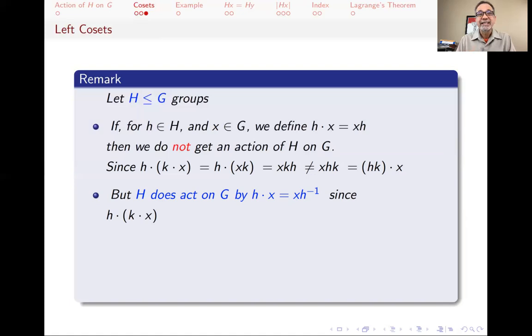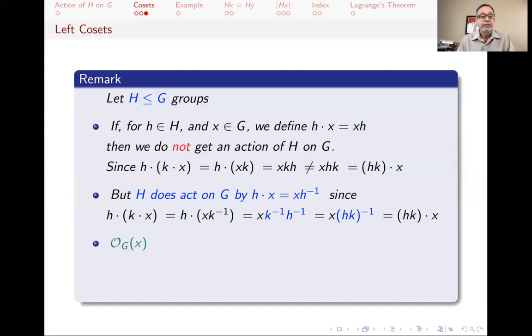Well, k dot x this time is xk inverse. And what's h dot that? Well, it's xk inverse h inverse. So what? Well, k inverse h inverse is another name for (hk) inverse. And this is exactly what would happen if hk acted on x. I would get exactly x(hk) inverse by my new definition. So this does give me an action.